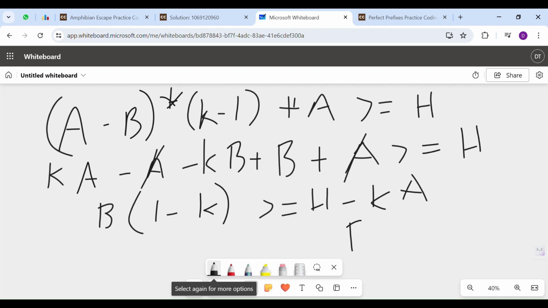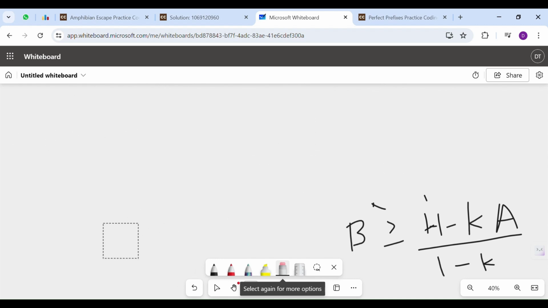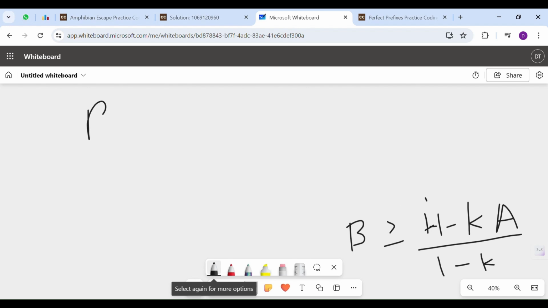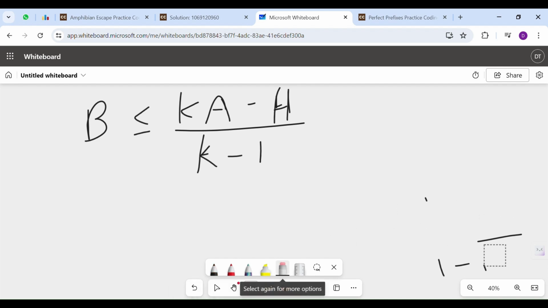Which gives us B is more than or equal to (H minus KA) upon (1 minus K). Now this value will be negative, so we need to reverse the inequality. So it turns out B is less than or equal to (KA minus H) upon (K minus 1). I just multiplied this equation by minus 1 to reverse the polarity.